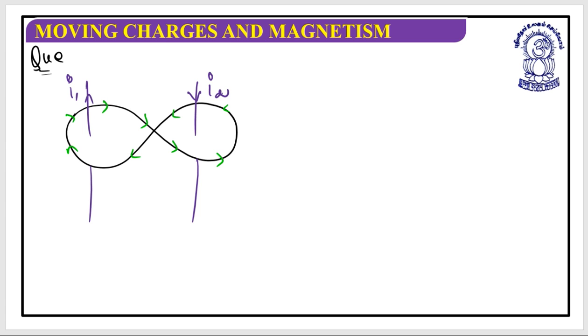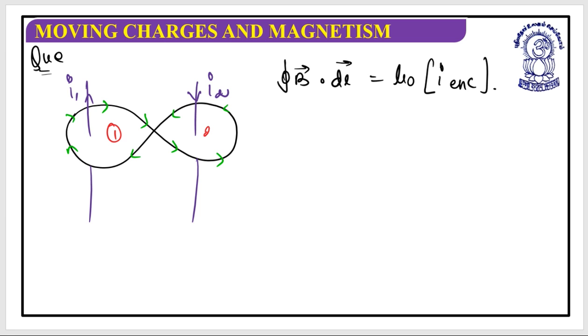So I need to write down the line integral of B dot dl. It's mu naught times of I enclosed. Let's name these loops as first loop and second loop. If you observe this carefully, you will find that your first loop is moving in the clockwise direction.